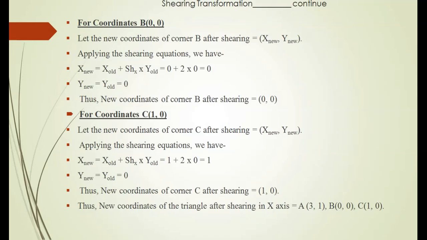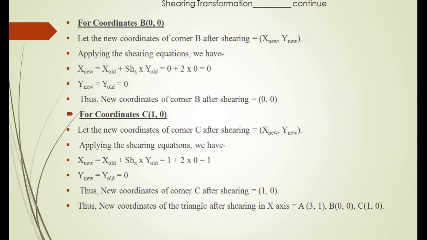For coordinates B and C it is the same: we calculate x dash and y dash using the old coordinates of B and C. For B, x dash is equal to x old plus shx into y old, which is 0 plus 2 into 0, that is 0, and y dash is equal to y old, which is 0. So the new coordinate is (0, 0).